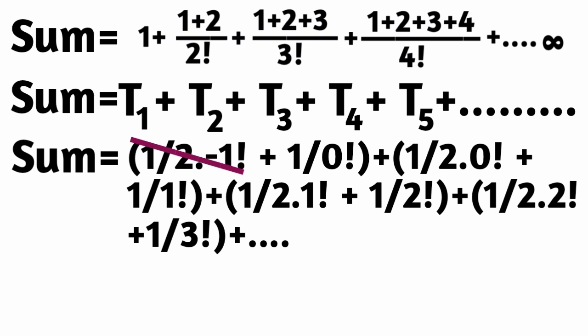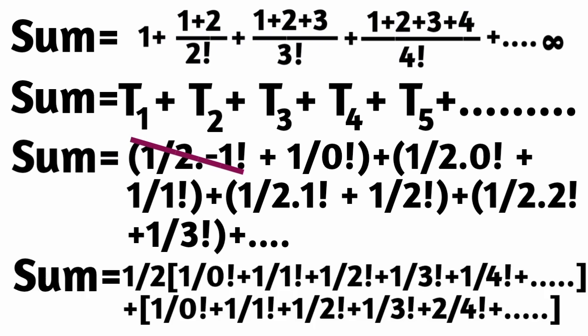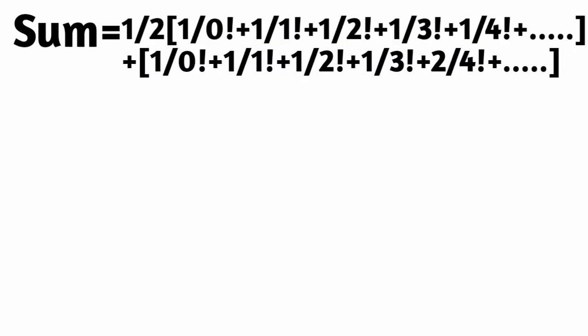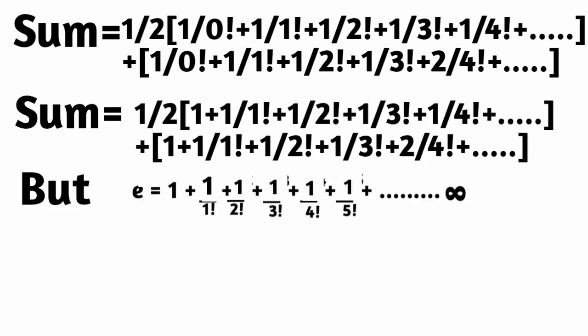It is imaginary, and so we can neglect it. After that, we see that some values have a constant coefficient, which is 1 by 2. By taking 1 by 2 common, we can say that there are two components, one with the factor 1 by 2 and the other with 1, and the common value is 1 divided by factorial 0 plus 1 divided by factorial 1 plus 1 divided by factorial 2 plus 1 divided by factorial 3 plus 1 divided by factorial 4, and similarly for the other terms also.